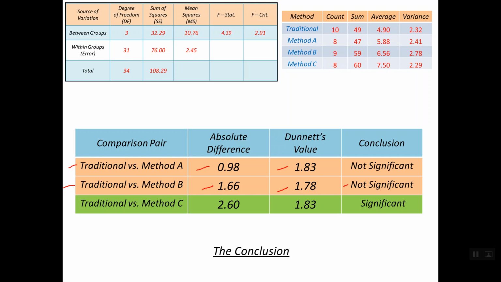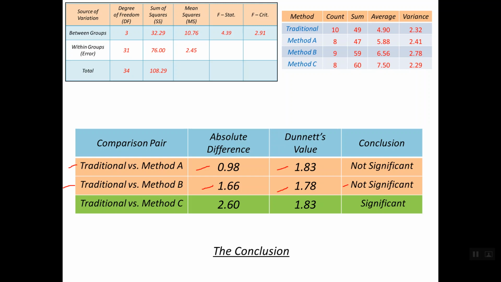So we conclude that there is no significant difference between the two means. In this case, again, we accept the null hypothesis, which states that the average for the traditional method is the same as the average for method B.